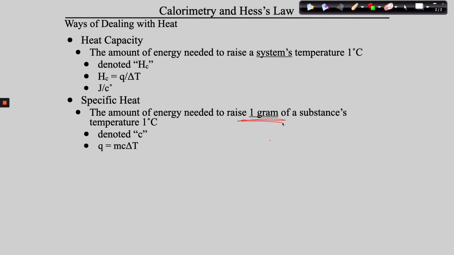The specific heat of water is 1 calorie per gram, no sorry, that goes on the bottom, 1 calorie per gram per Celsius degree. That is the specific heat of water: 1 calorie per gram per Celsius degree.